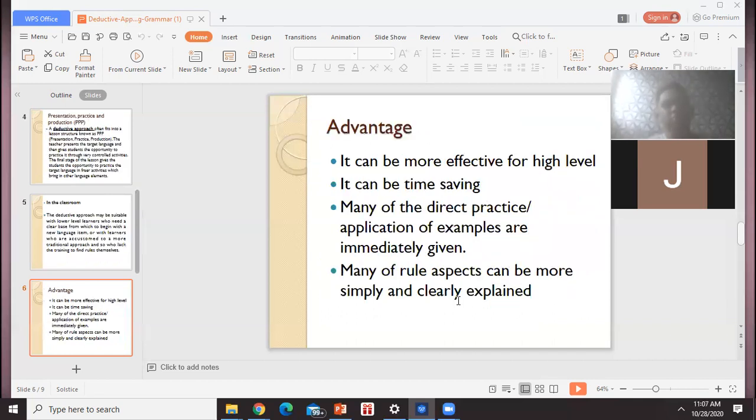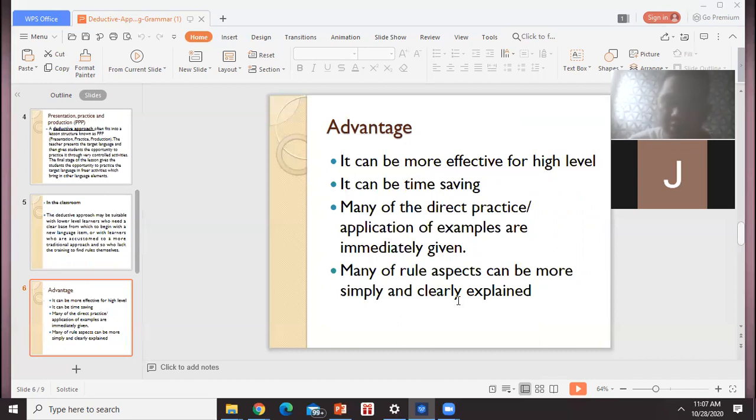The advantages of the deductive approach: it can be more effective for high level learners, because the students are those who listen in order to learn.